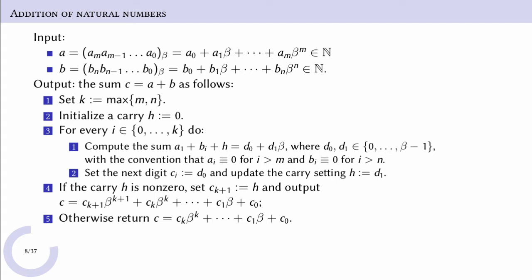So we add the two digits to each other, but we compute its remainder modulo beta, and this remainder is the new digit of the result.